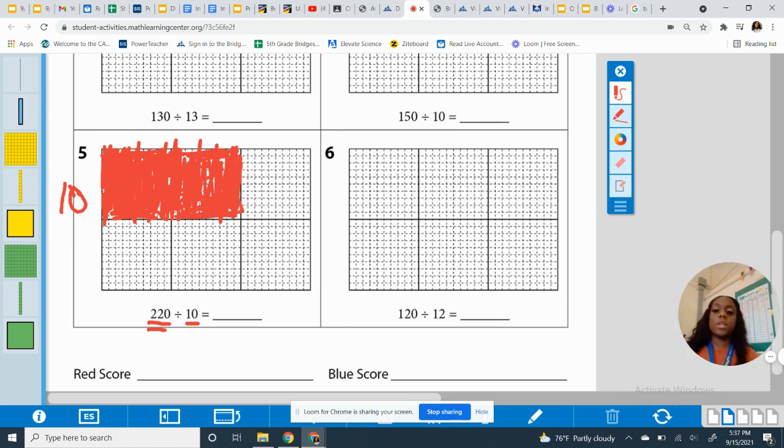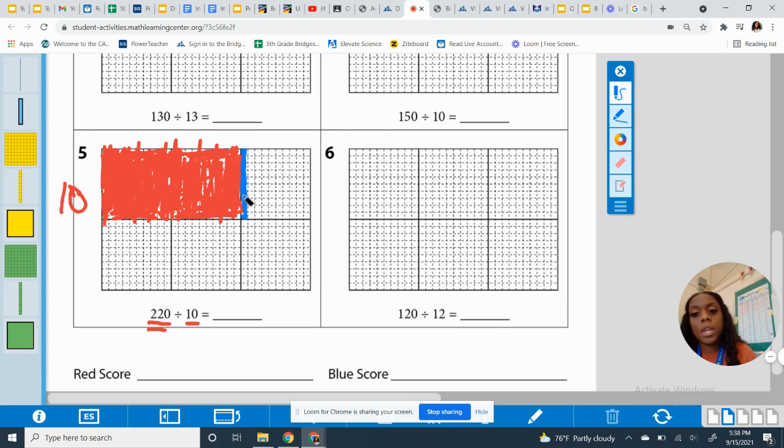Now here's where we need to really pay attention, because are we now going to shade in this whole other box? Absolutely not. We're trying to represent 220. We've got 200 here. Now the 20 comes in here. We're shading in this tens stick here.